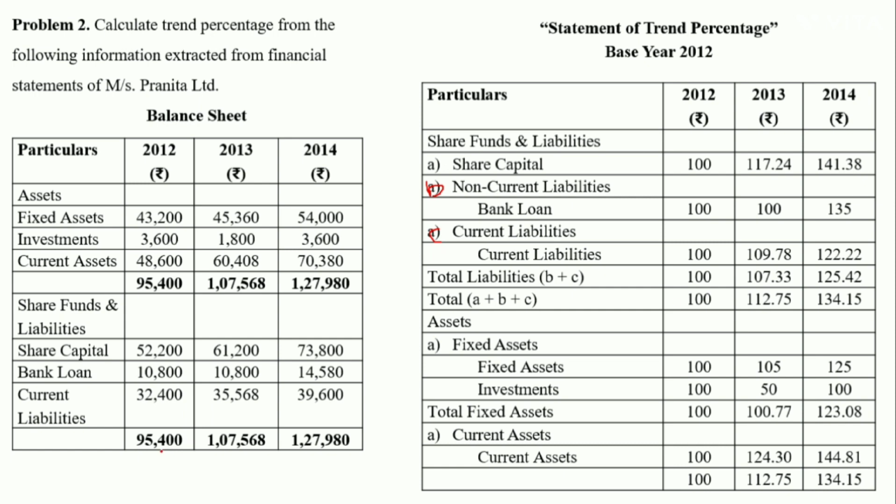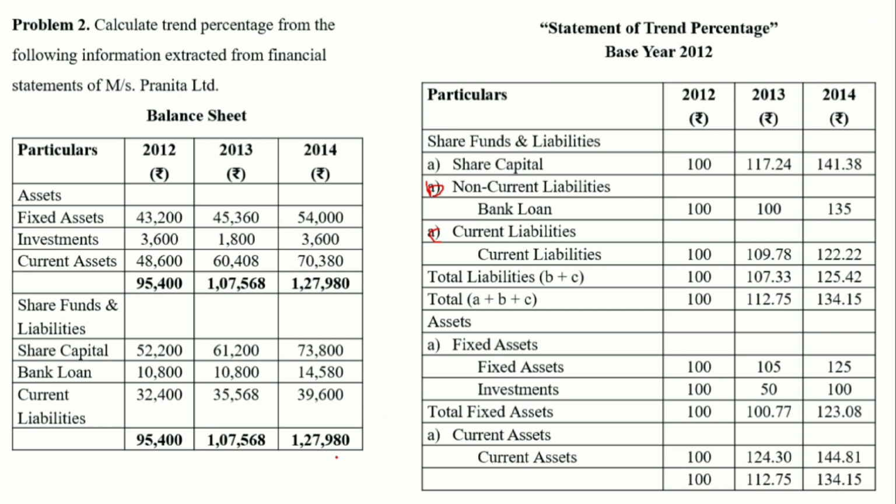This is 95,400, 1,07,568, 1,27,980. Okay, base year 100, as I have written 100 here. Now trend ratio for 2013: 1,07,568 divided by 95,400 into 100, that will give 112.75%.